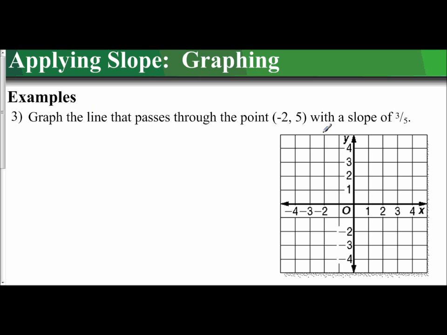Graph the line that passes through the point negative 2, 5 with a slope of 3/5. So all I'm asking you to do is I'm giving you a point on the line, negative 2, 5. So always, if you're ever given a point, always plot it. And then with a slope of 3/5, you can't go from negative 2, 5 up 3 to the right of 5. It's off the graph. So let's go down 1, 2, 3, left 1, 2, 3.